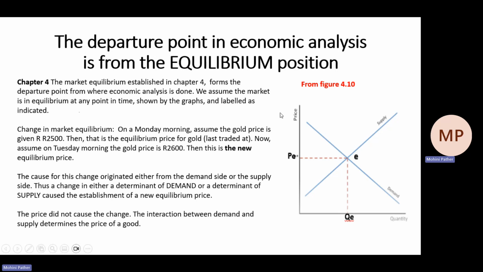Because it is the new price at which demand and supply met and the transaction could go forward. If there is too much supply and insufficient demand, you will cause a suppression in price, so price will drop. If there is too much demand and not enough supply, you will naturally cause an increase in price, because more people are going to be demanding the same limited quantity that's available.